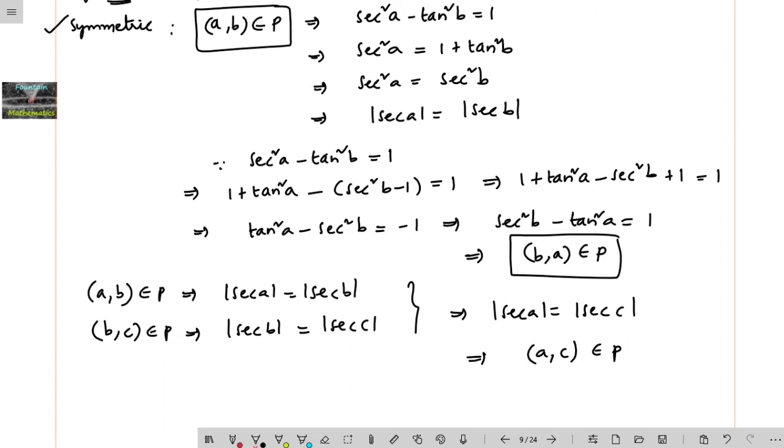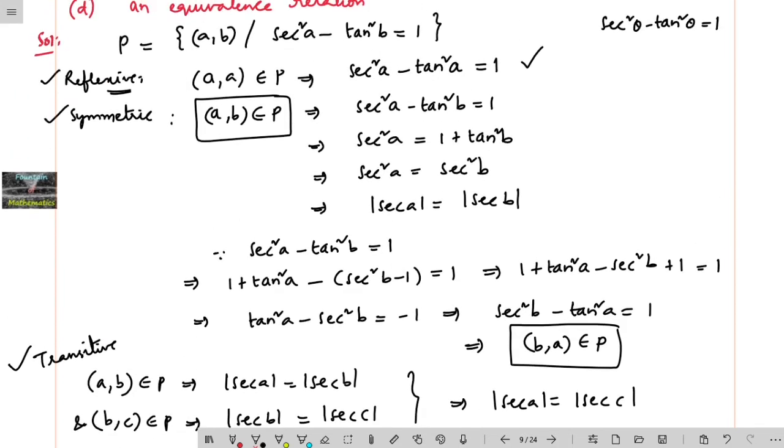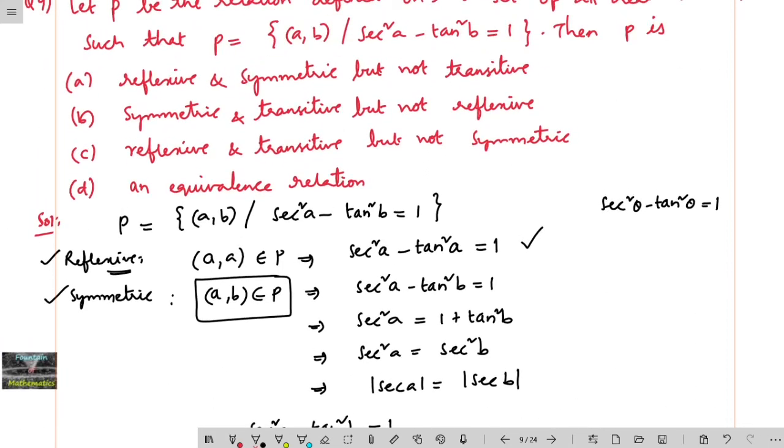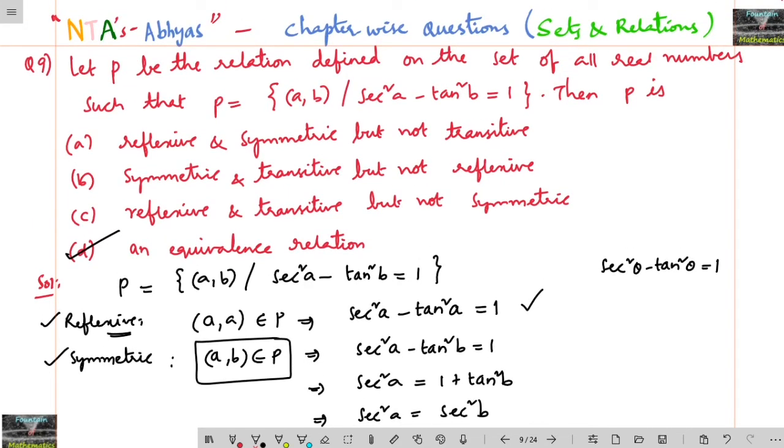So A comma B belongs to P and B comma C belongs to P, which implies A comma C also belongs to P. So we can say this is transitive. So this is transitive also, and hence we can say it is reflexive, symmetric and transitive. If all the three are satisfied, we call it an equivalence relation. So you can go with option D.